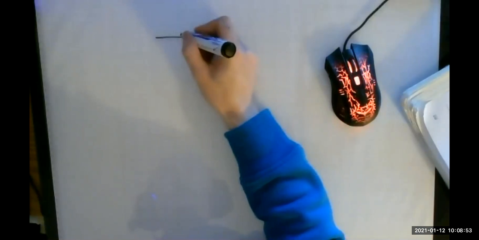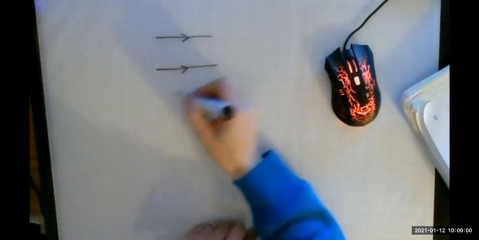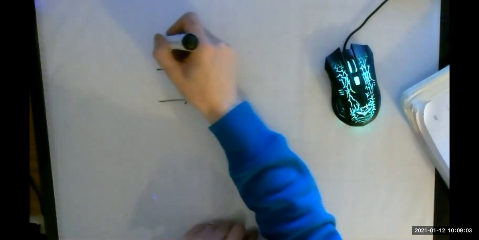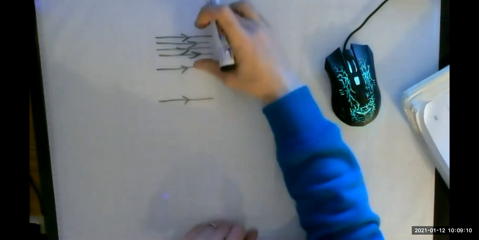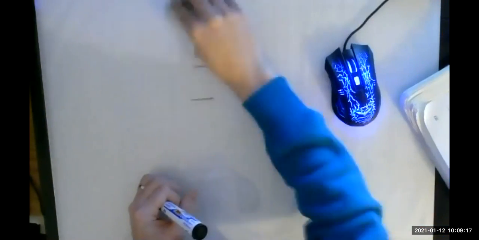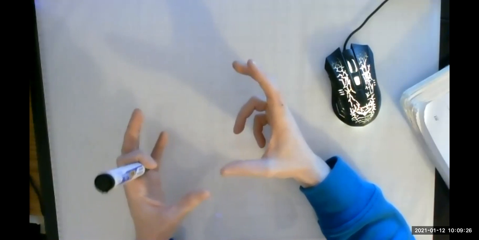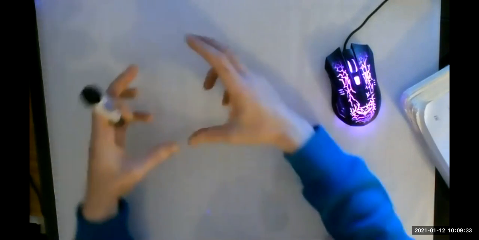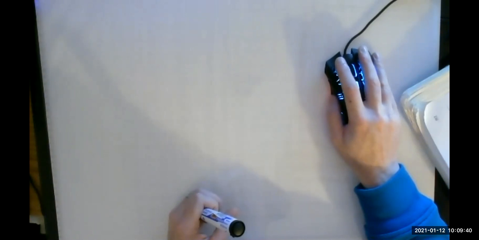What is an electric field line? An arrow. Now, where the lines are closer together, the electric field is stronger, and where they are farther apart, the electric field is weaker.